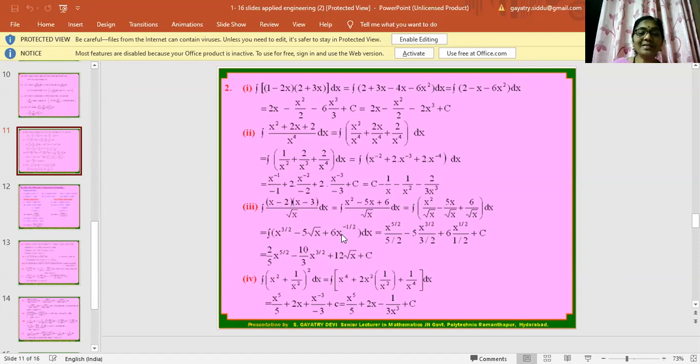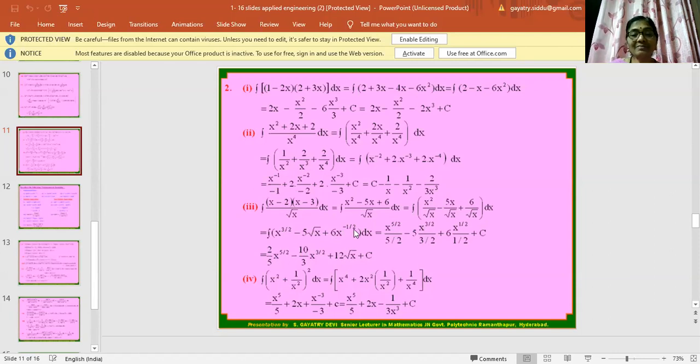Now, applying the x power n integral form, you are getting (n plus 1): 3 by 2 plus 1, 5 by 2, divided by 5 by 2, minus x power half. Half plus 1 is 3 by 2, and the denominator is also 3 by 2.